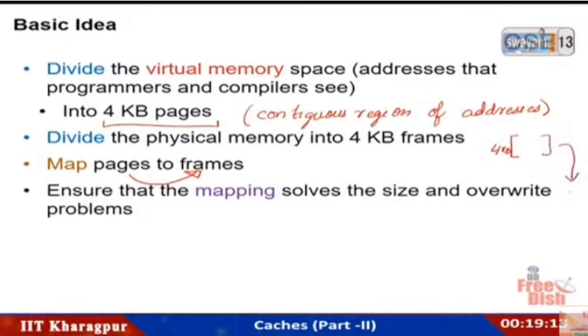This, via a process of translation, is mapped to a 4 KB frame. So we ensure that the mapping solves the size problem and the overwrite problem, right? So the size and overwrite problems are solved.